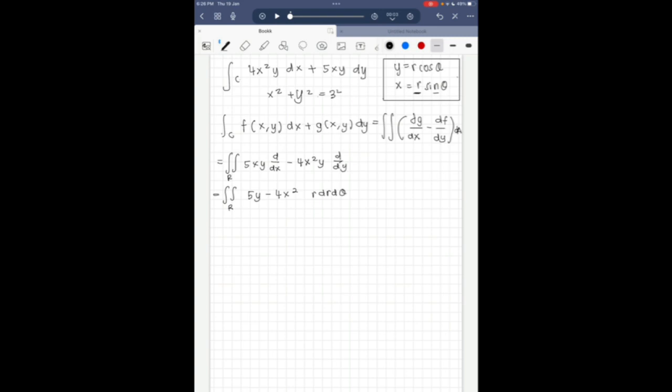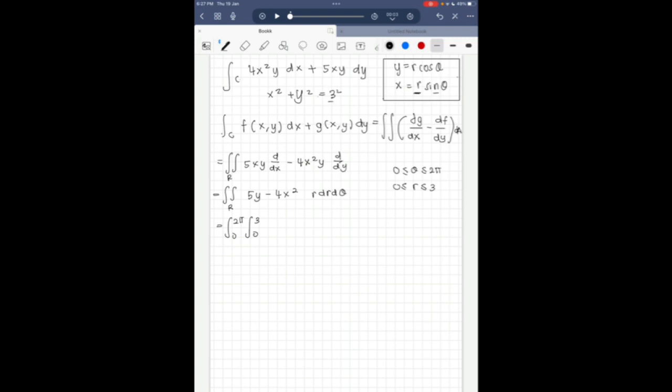We already know the values of theta and r from MATLAB, which are theta from 0 to 2 pi and r from 0 to 3. So put them into the double integral. Then we need to change the values of y and x, which are y equals r cos theta and x equals r sin theta. The value of r is 3.